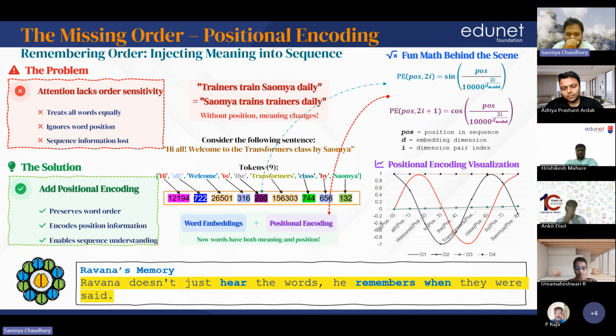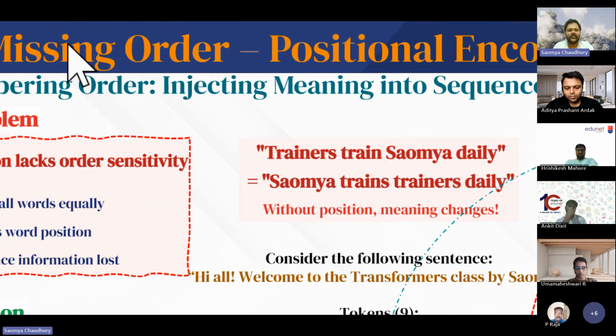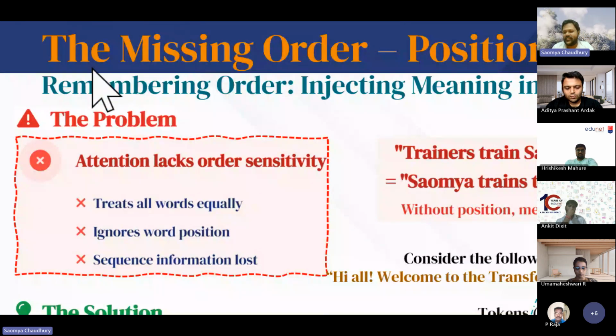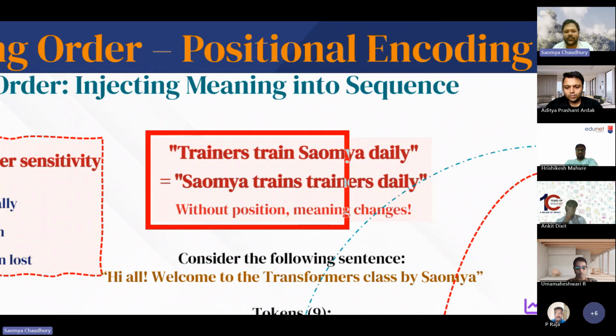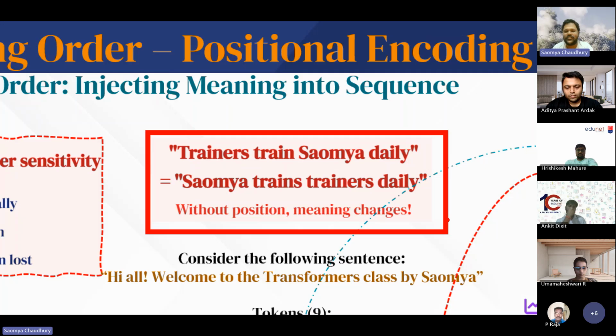Now let's go into the details a bit. You can see the title here. I'm taking two sentences here. First of all, I would like all of you to tell me what is the difference between these two sentences.